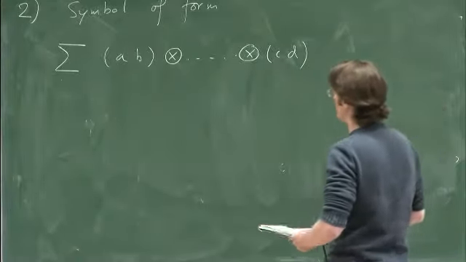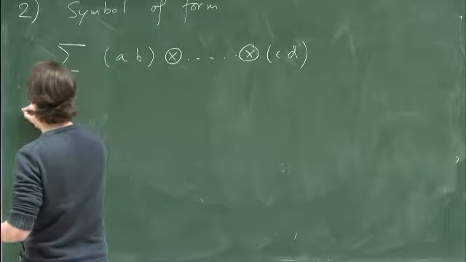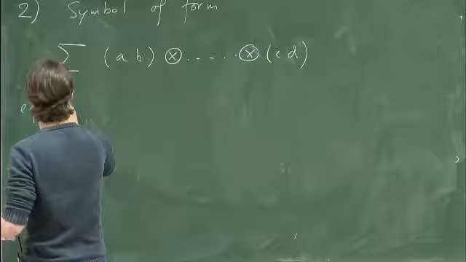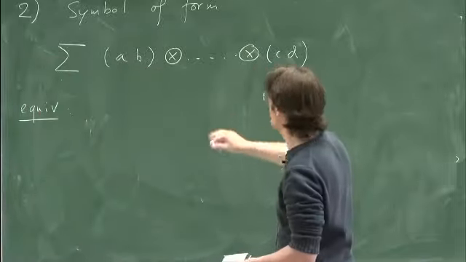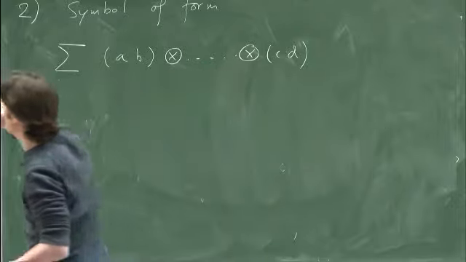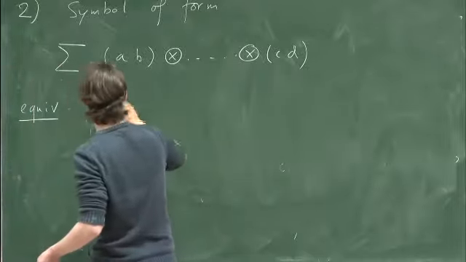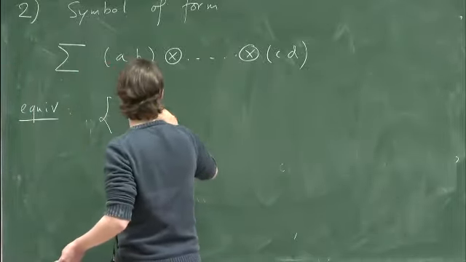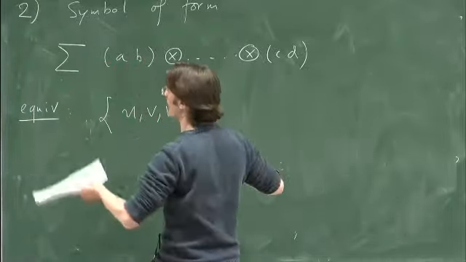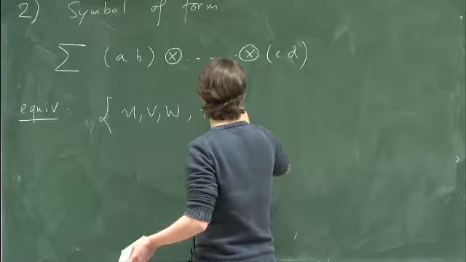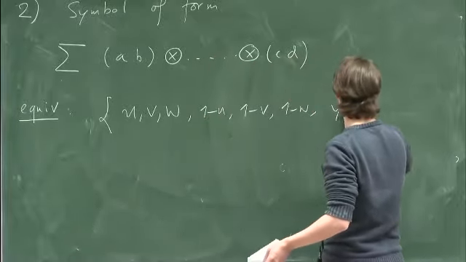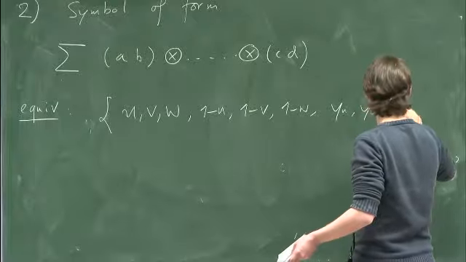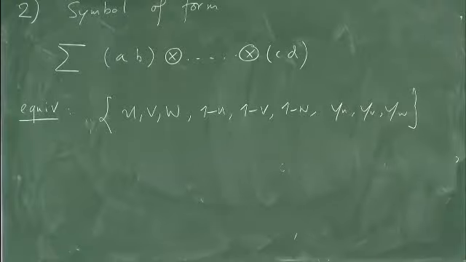Alternatively, this is equivalent. Given that we have homogeneity in these 2 brackets, the symbol is something whose elements are drawn from this set of letters that I wrote down up here. So there's u, v, w, 1 minus u, 1 minus v, 1 minus w, and then the y's. So there are these 9 letters.